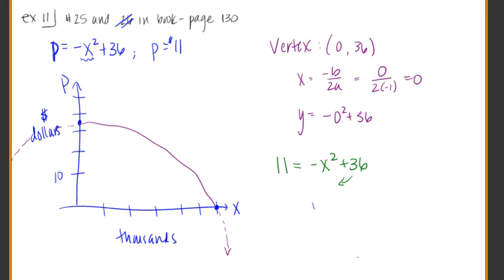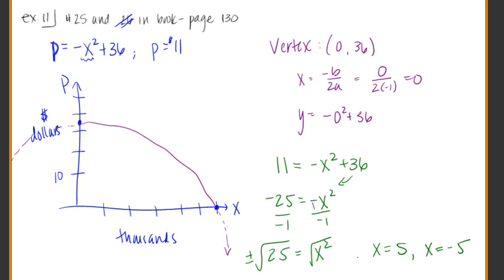So 11 minus 36 is going to give us negative 25. Divide off that negative 1 coefficient. So 25 is equal to x squared. And to get x by itself, we're going to take a square root, and we always do plus or minus. So x is equal to 5, and x is equal to negative 5.